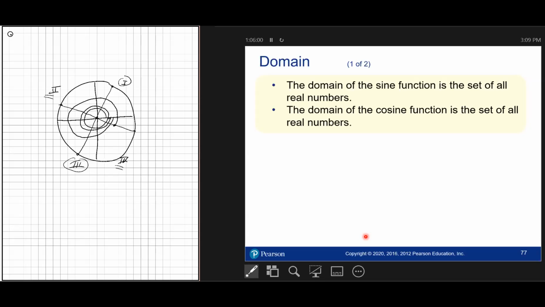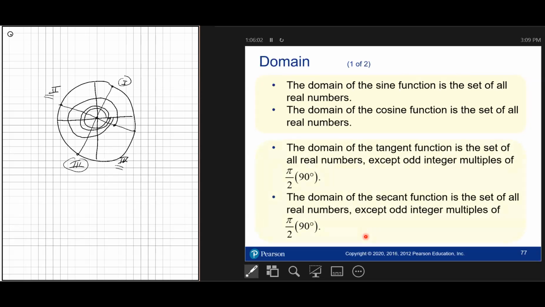Now, the domain for tangent, you have to exclude certain numbers because sometimes the X in the denominator is 0, right? Because sometimes you wind up on the Y-axis, my apologies.